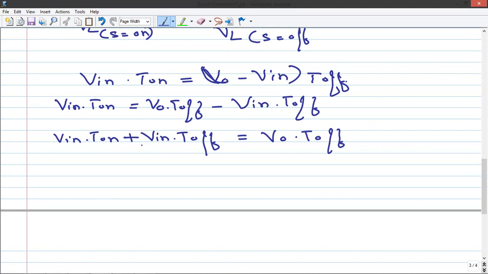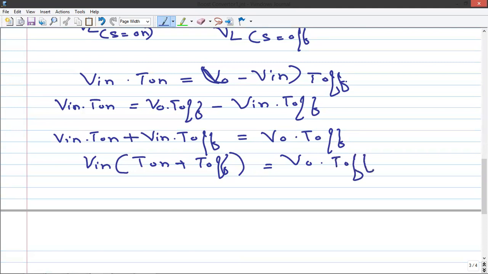V input is common, so V input into T on plus T off is equal to V out into T off. We know T on plus T off is the total time period T. So V input into T is equal to V out into T off.